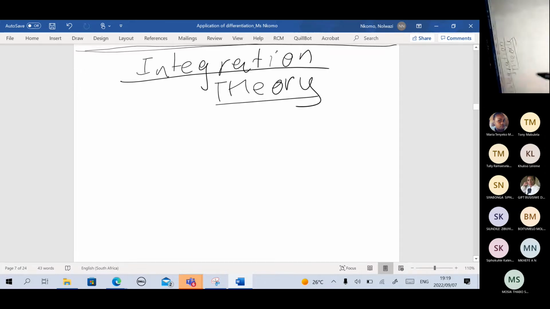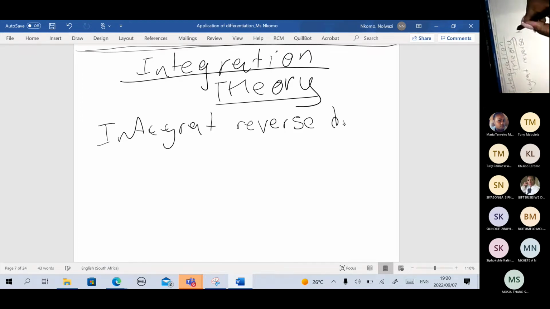As I said, integration is the reverse process of differentiation. In maths, we have operators which are the reverse process of each other. Addition is the reverse process of subtraction, right?